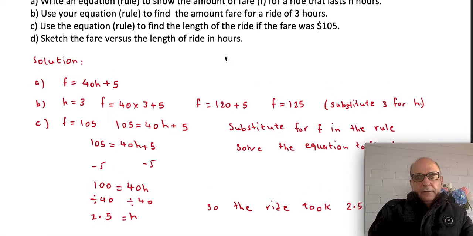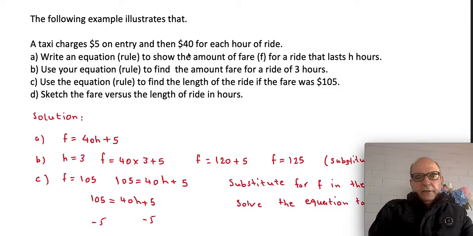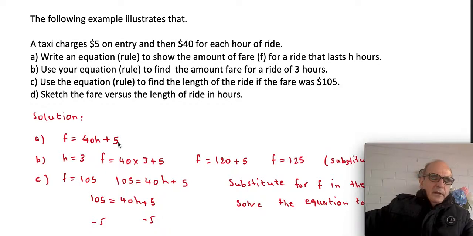All right, the first bit is easy because your fare is equal to, if you've been riding for h hours and each hour is 40, so you times h by 40 to get the fare plus the $5 that you're going to pay regardless.